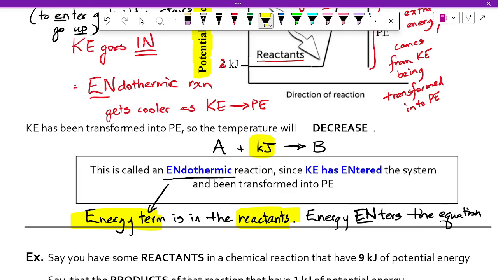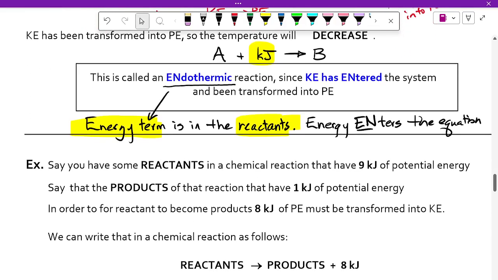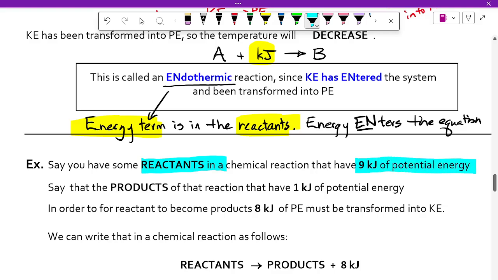All right, next example. You have some reactants. Now the reactants have 9 kilojoules of potential energy, and your products have only 1 kilojoule of potential energy.